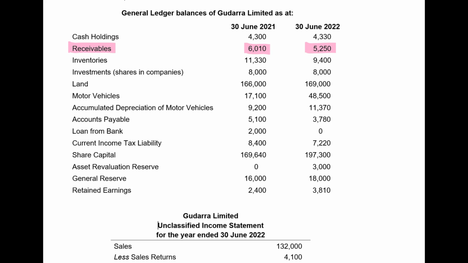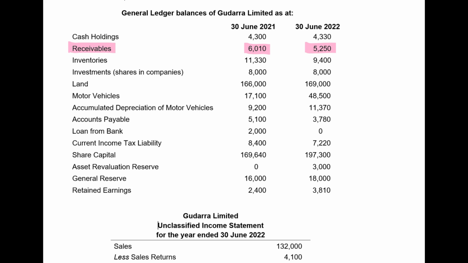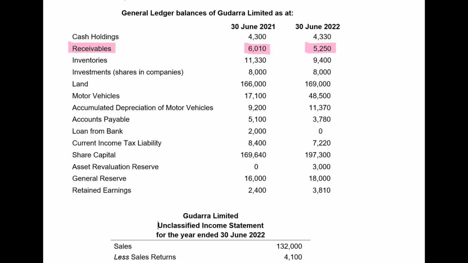Once you find out that you have accounts receivable, you need to open up your accounts receivable account. Under accounts receivable, BD is 6010 and CD will be 5250.